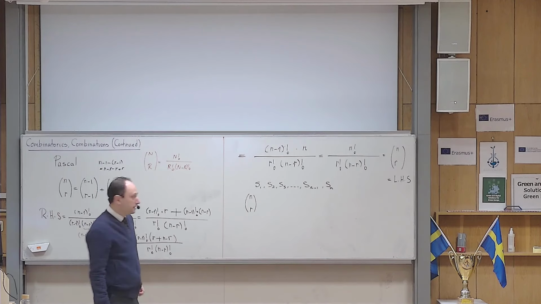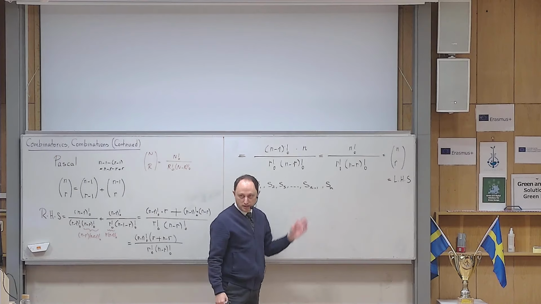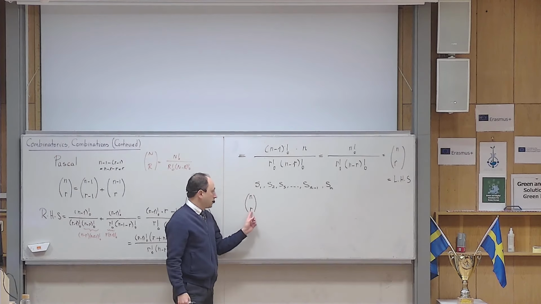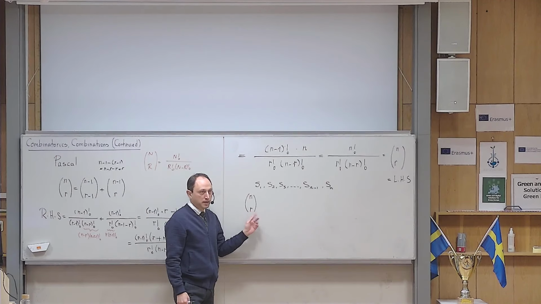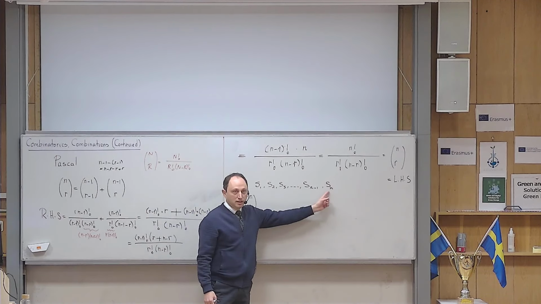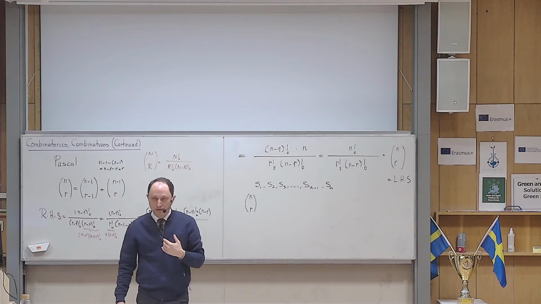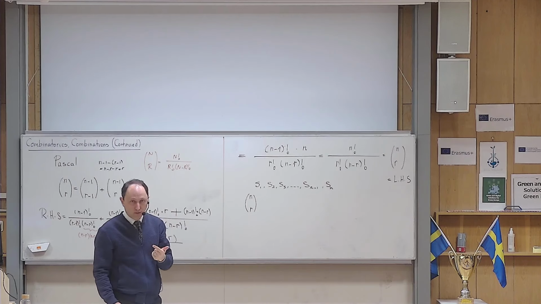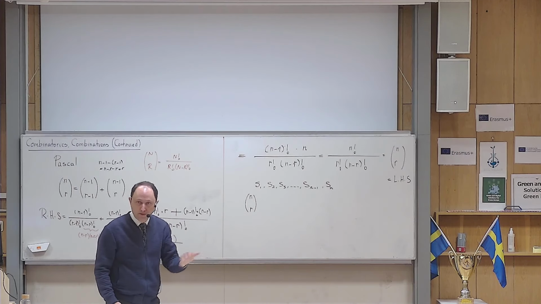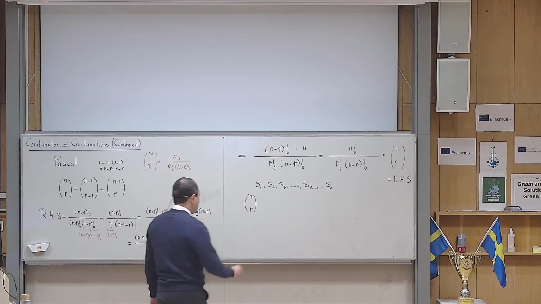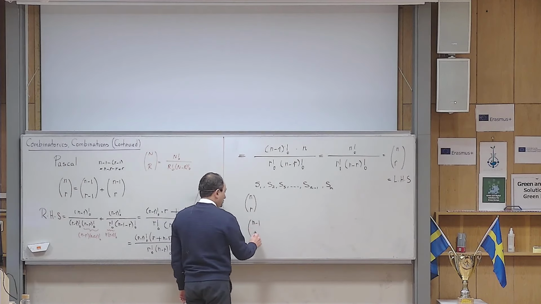Yes, because if I insist that Sn should be in my list, in total I am supposed to choose r people, but if I insist on having Sn, it means that I already decided about one person. So how many other choices do I want to make? r minus 1, but among how many people left? n minus 1. So this becomes n minus 1 choose r minus 1.